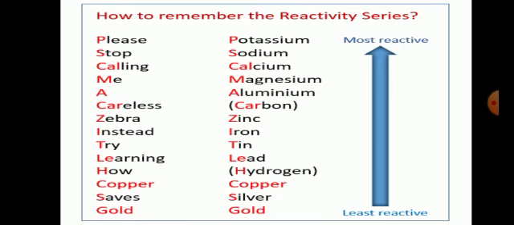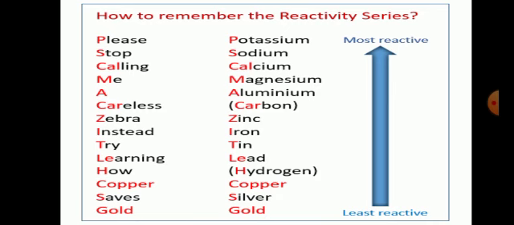So in this way, P is for potassium, S is for sodium, Cal is for calcium, M is for magnesium, A is for aluminium, Car is for carbon, Z is for zinc, I is for iron, T is for tin, Le is for lead, H is for hydrogen, copper is for copper, S is for silver.